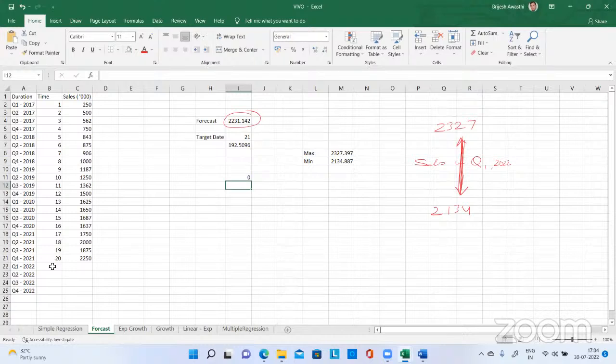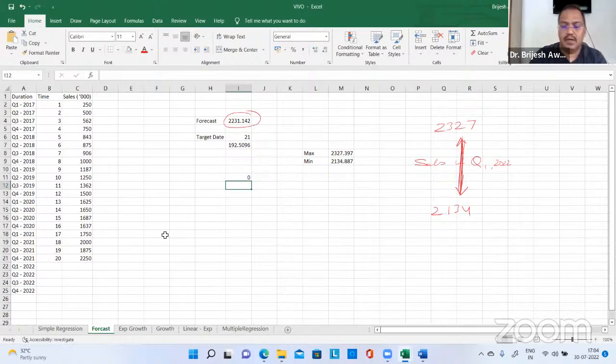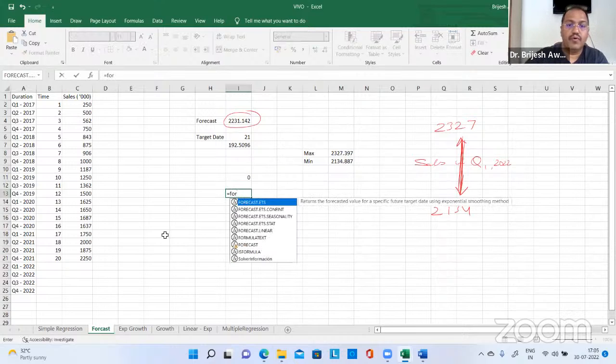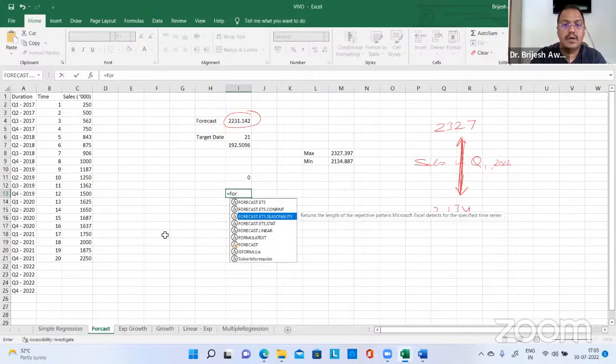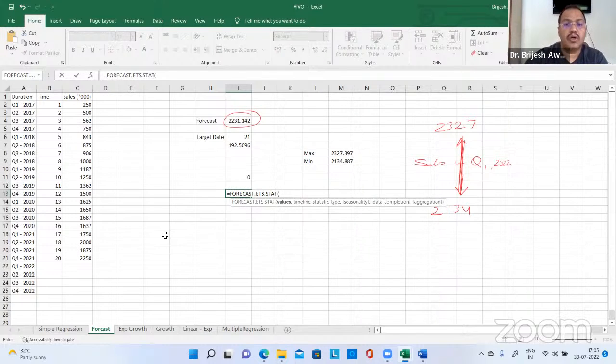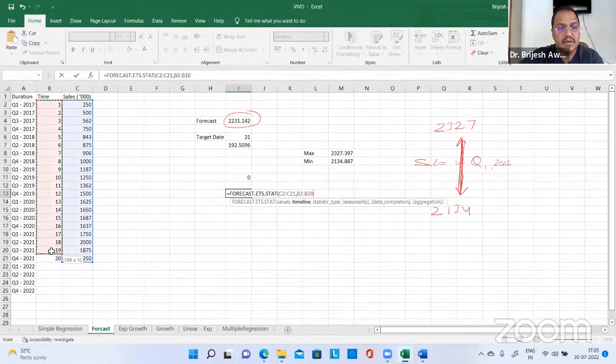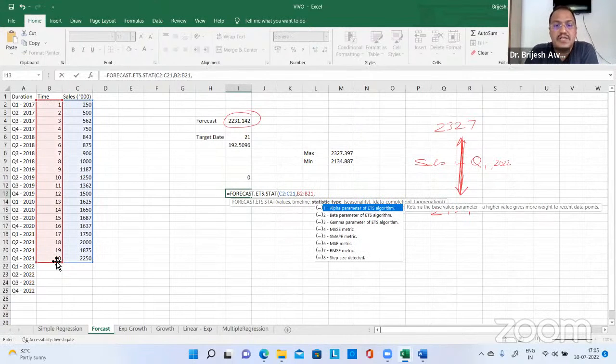Okay. Now, equals to FORECAST.ETS.STAT, and this is going to give statistics, different values of the time series. If you are interested to calculate the alpha parameter, beta parameter, and gamma parameter, right?